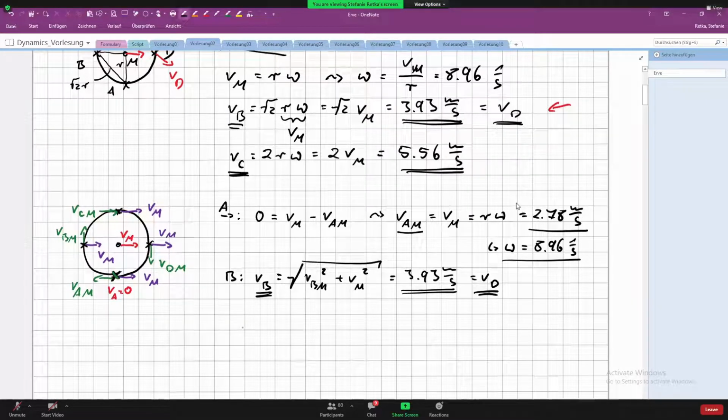Then for point C, both vectors point in the same direction. So VC is equal to VM plus VCM. And that's 5.56 meter per second.